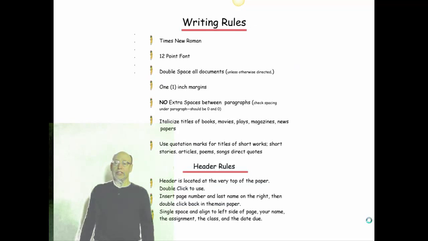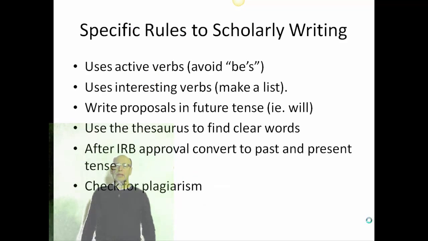So keep that in mind, and we have to follow all the writing rules, just like we do in writing a good paper, but we've got to do more than that. We've got to make it clear, concise, make people understand it, support it well, make it convincing. How do we do that? Well, we use active verbs.